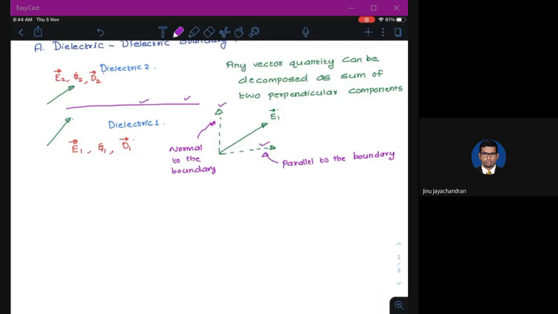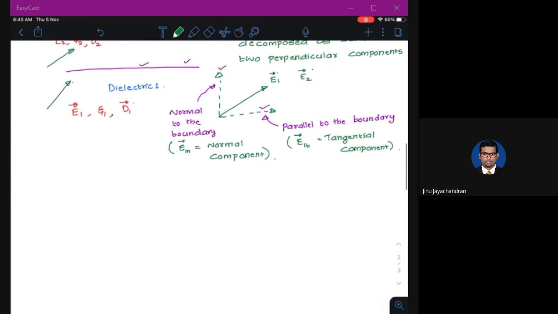Okay, we call the parallel component as tangential component. And we call the perpendicular component as the normal component. So this decomposing, where you are separating it as parallel and perpendicular components, can be done for both E1 and E2.